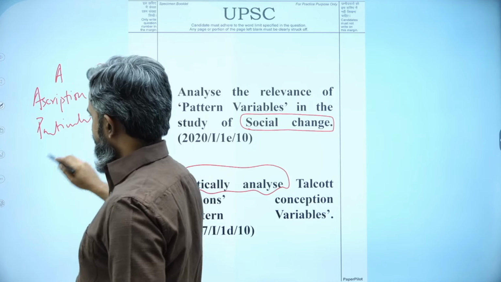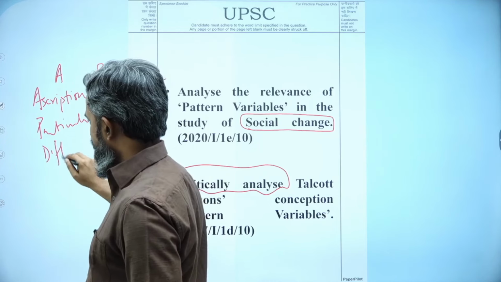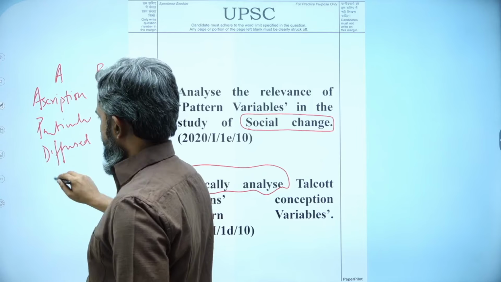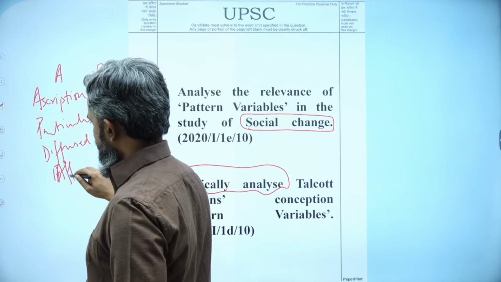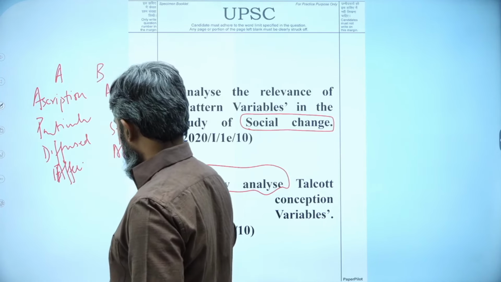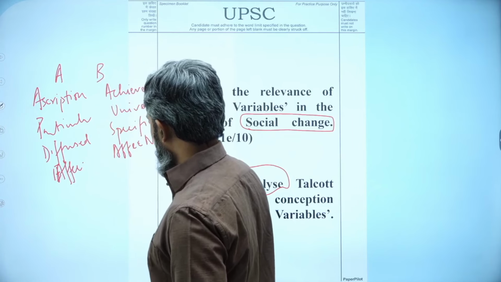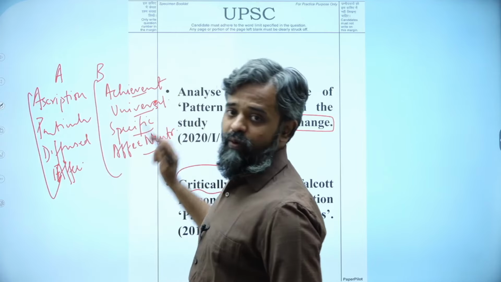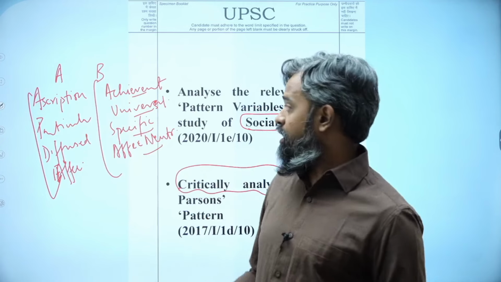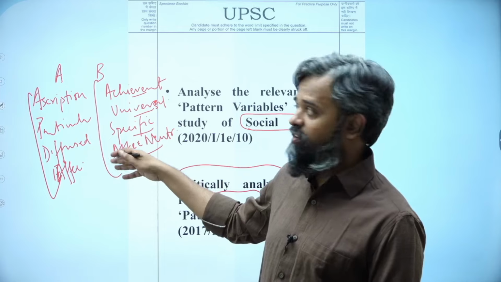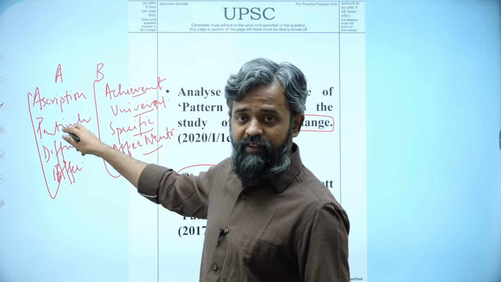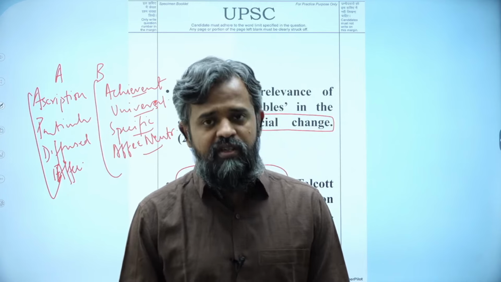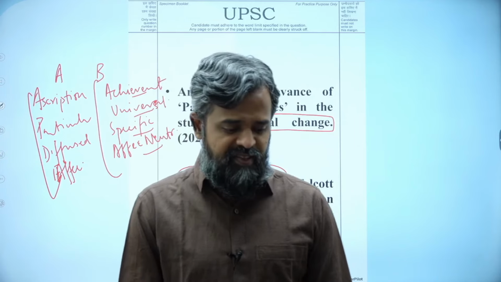Otherwise, diffused, specific, affectivity, affective neutrality, and so on. Because there is a way in which this entire thing has been formulated. If one of these gets messed up, so here ascription, but if you write universal here and particular there, it's done. So basically, ascription versus achievement, diffuseness versus specificity.